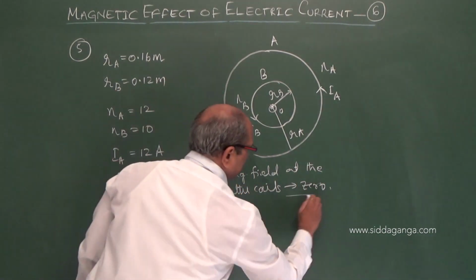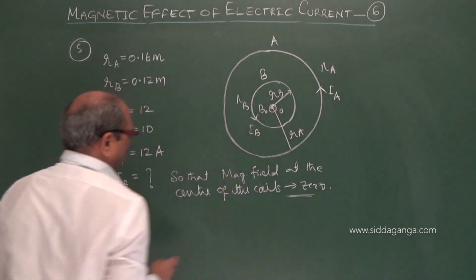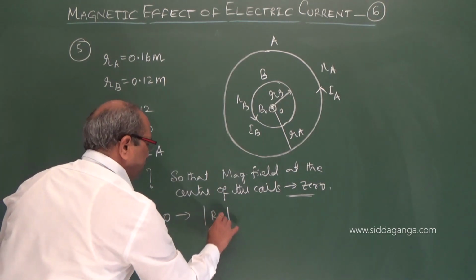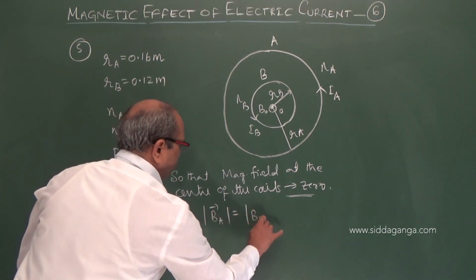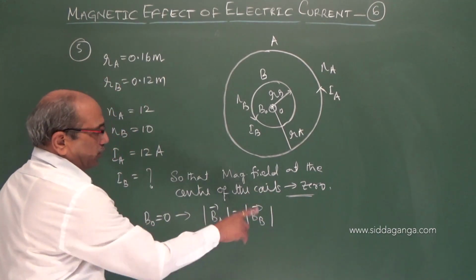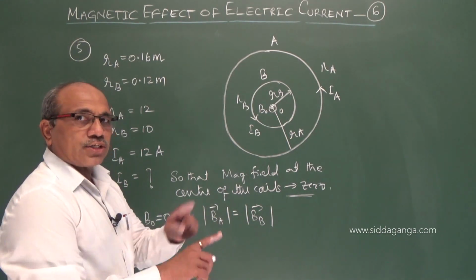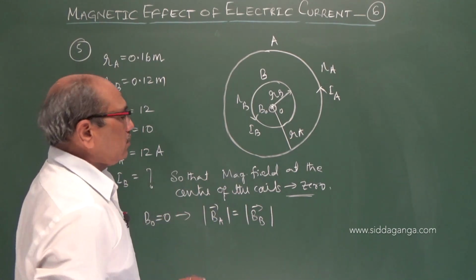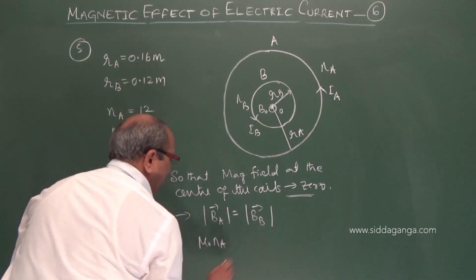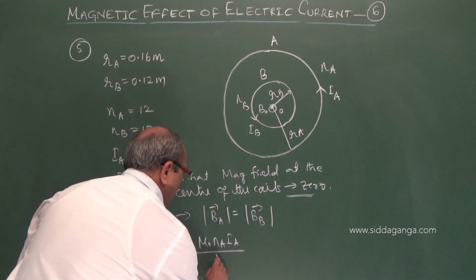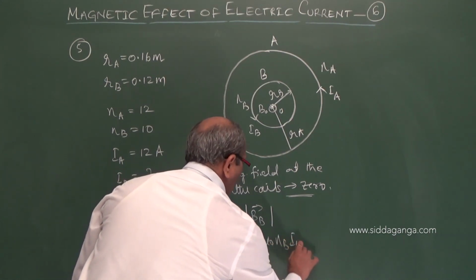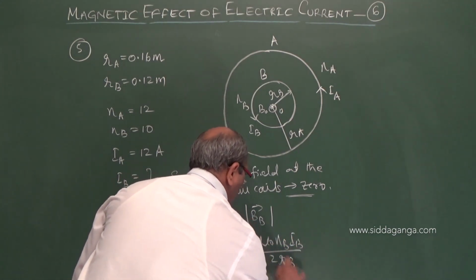So this condition is possible: at the center, B naught equal to 0 is possible when the magnitude of BA equals the magnitude of BB. Direction we can say later, but the magnitudes should be equal and the direction of the fields should be opposite. So when you compare this condition, mu naught NA IA by 2 RA equal to mu naught NB IB by 2 RB.